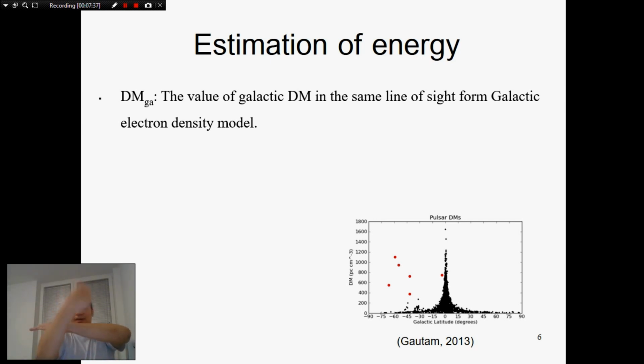If you go north, the galactic longitude increases. If you go south, the galactic longitude decreases. So obviously, if you are looking at the Milky Way itself, you will see more electrons basically.